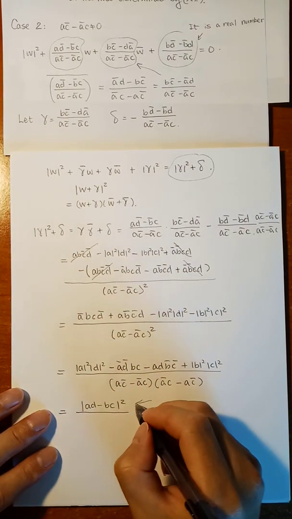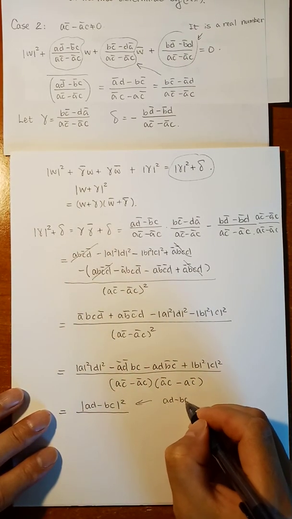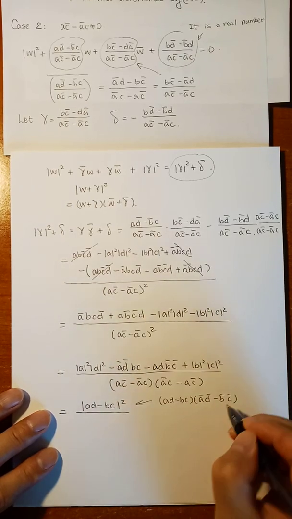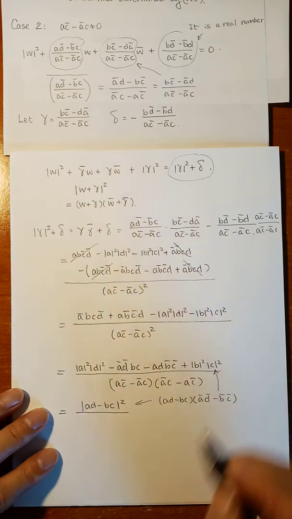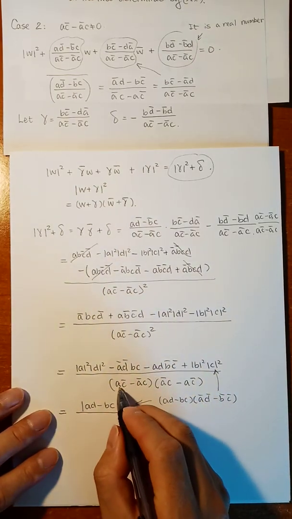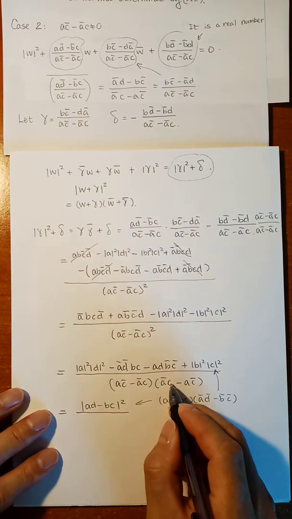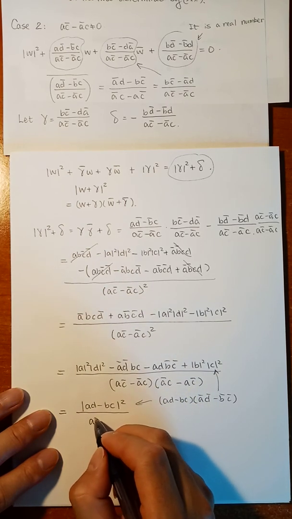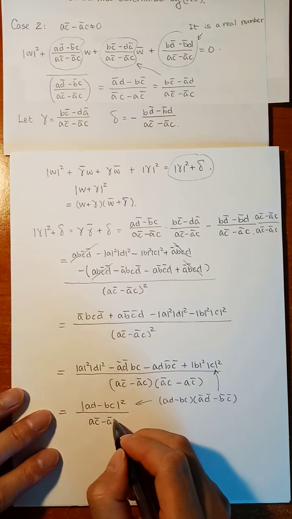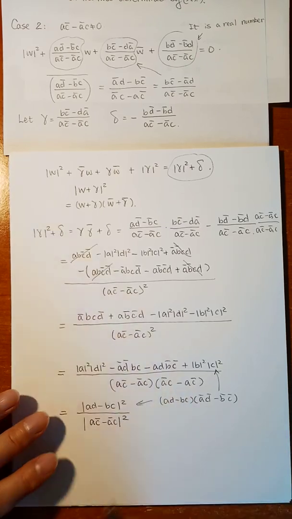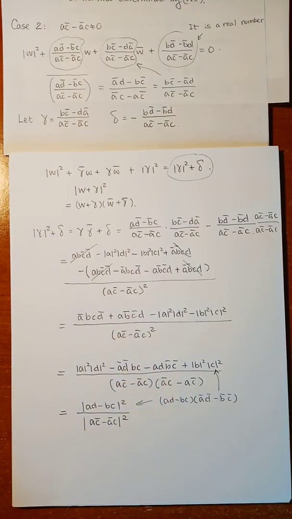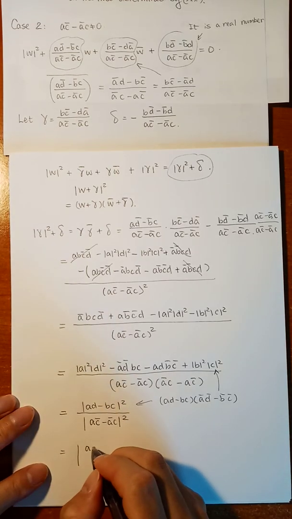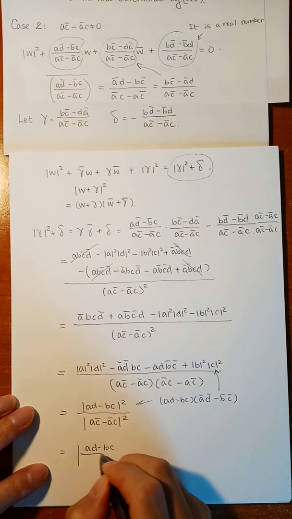It is AD minus BC, A bar D bar minus B bar C bar. You do the multiplication, it's a numerator. And the denominator, it's the first term times the conjugate, so it's AC bar minus A bar C modulus square.